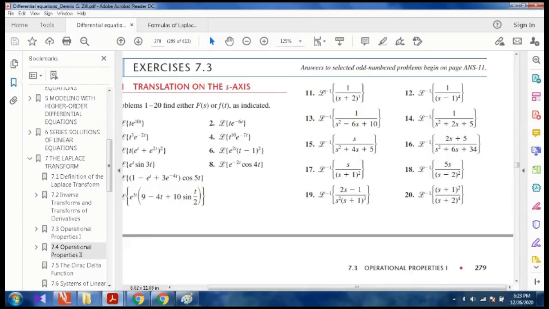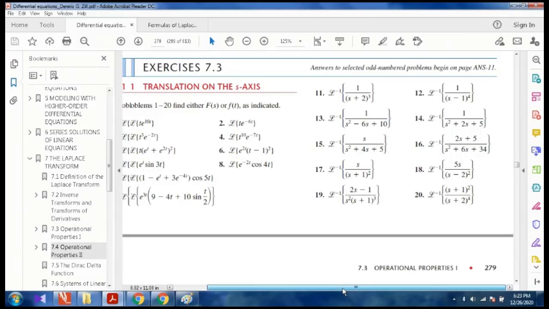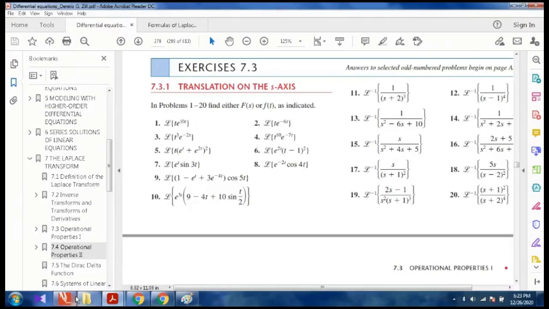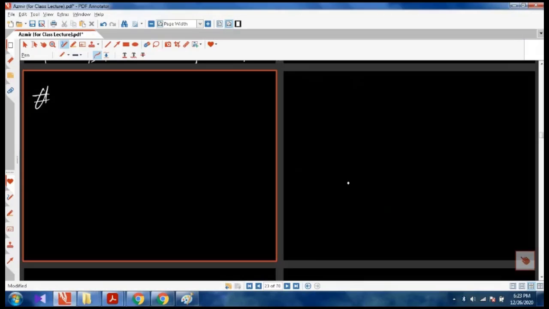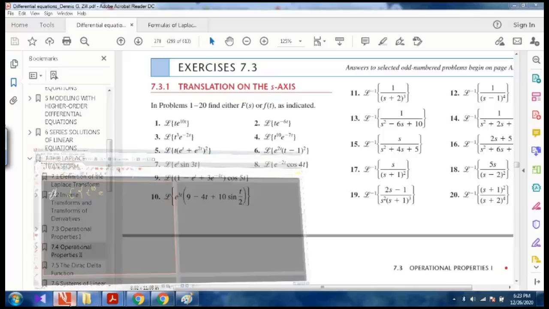So no need to worry. Have a look at question 4, t power 10 e power minus 7t.